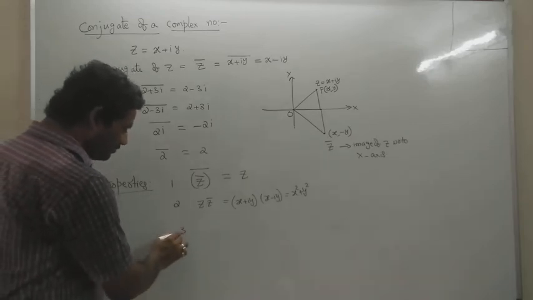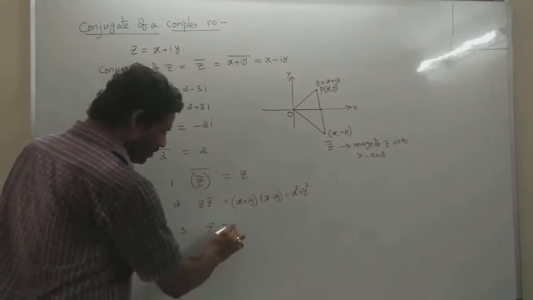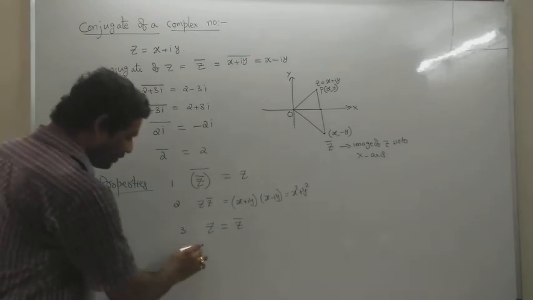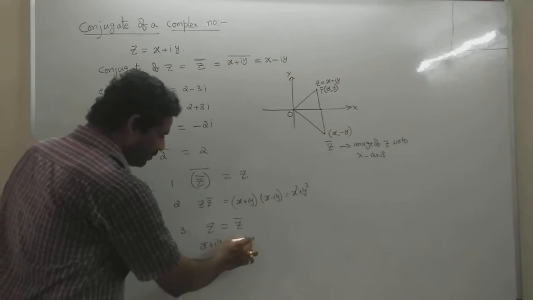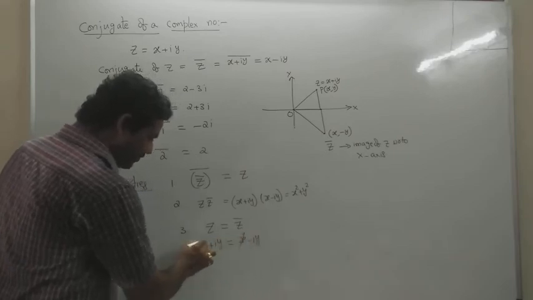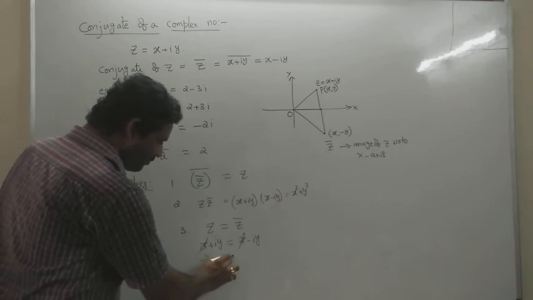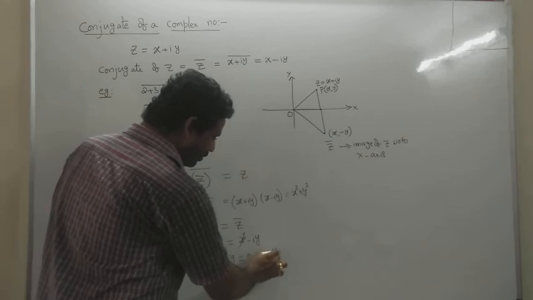And the third one, z equal to z bar. What will happen? x plus iy equal to x minus iy. x cancels. Taking this side, 2iy equal to 0, which implies y equal to 0.